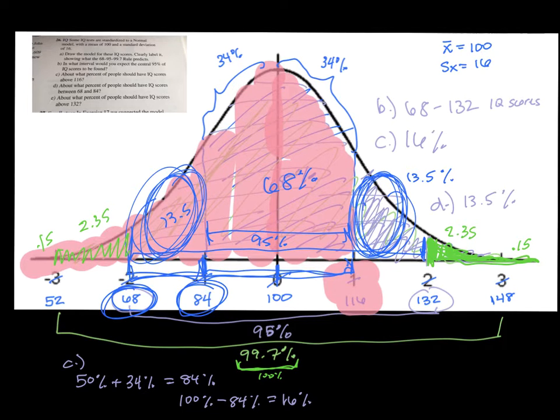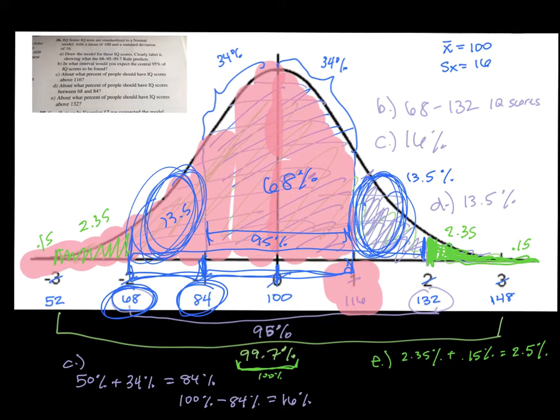So for E, we want the section that's 2.35% plus 0.15%, which will give us 2.5%.